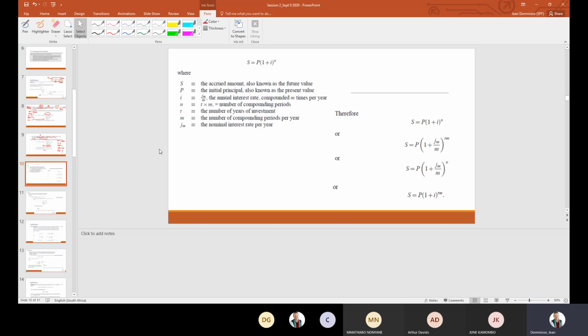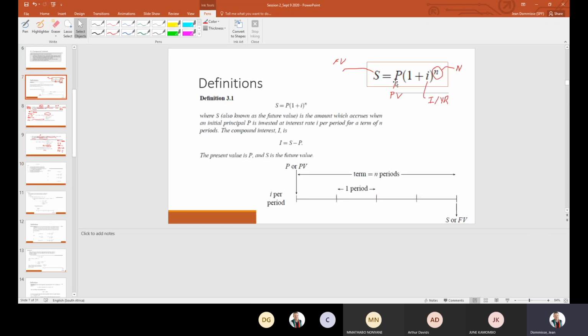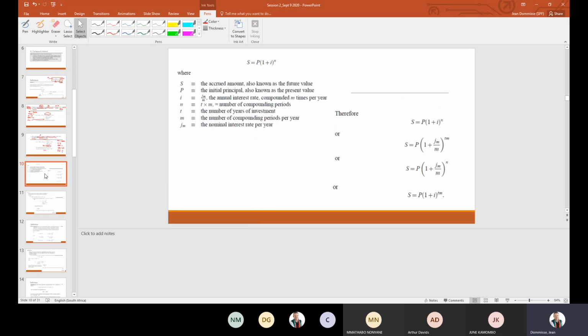Okay, so basically when we looked at that formula, that will be our main formula for most of this work. So there can be a few things that will change.